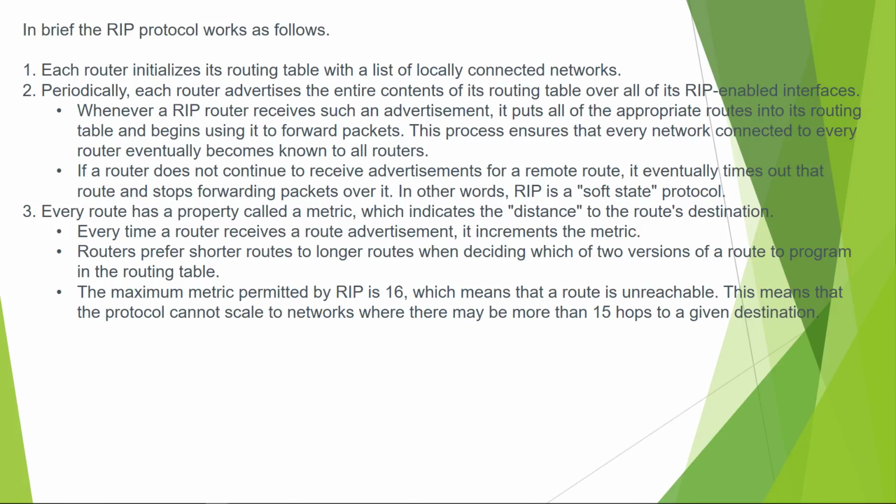The maximum metric permitted by RIP is 16, which means that the route is unreachable. This means that the protocol cannot scale to networks where there are more than 15 hops to a given destination.